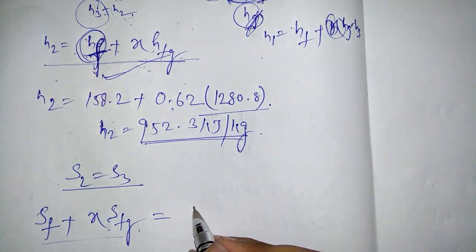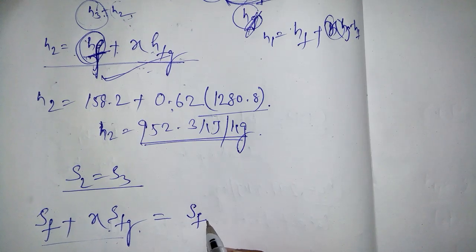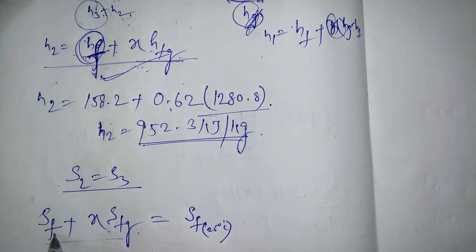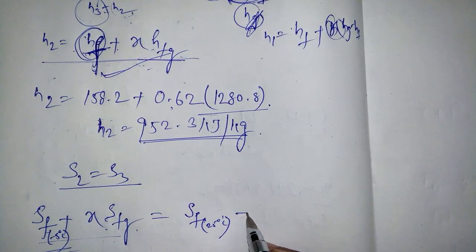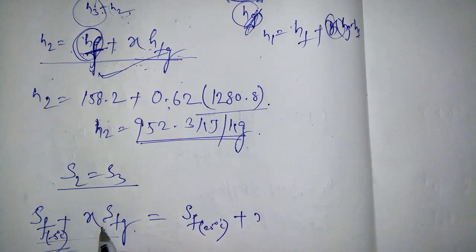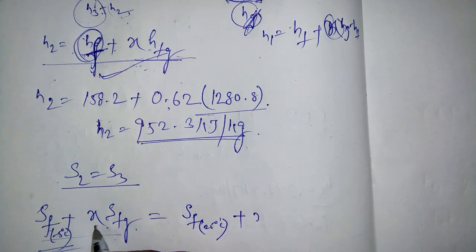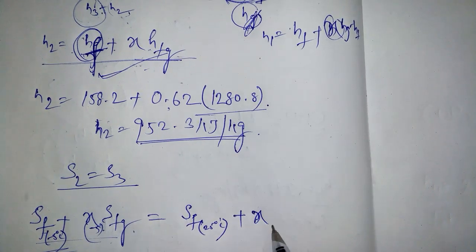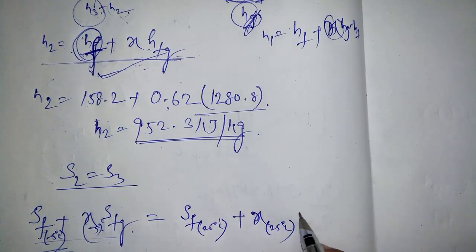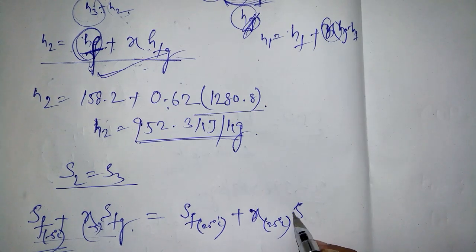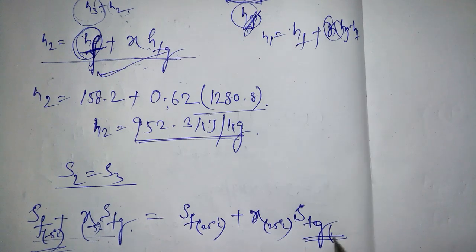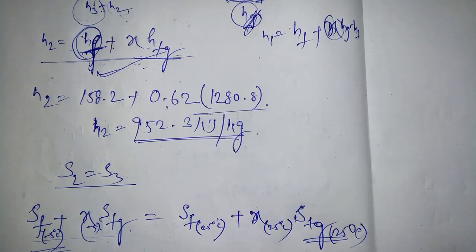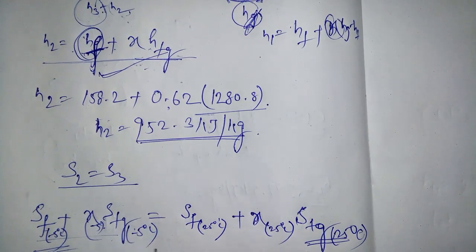S3 is Sf at 25 degrees Celsius plus x for 25 degrees Celsius into Sfg for 25 degrees Celsius, and S2 uses Sf at minus 5 degrees Celsius plus x for minus 5 into Sfg at minus 5 degrees Celsius.